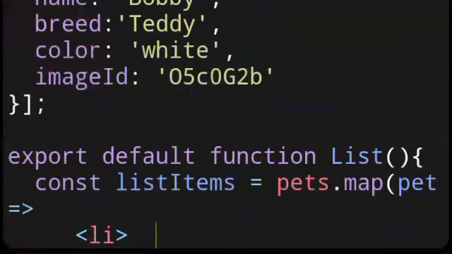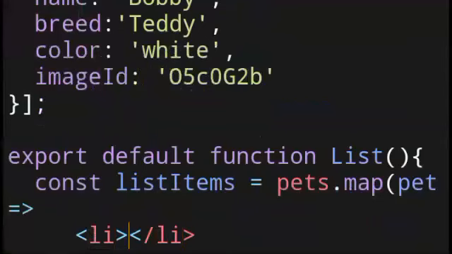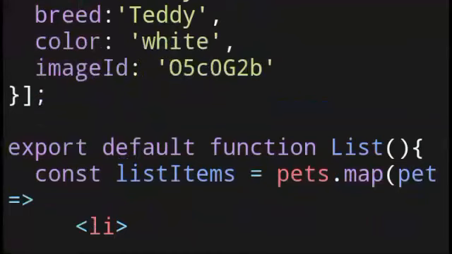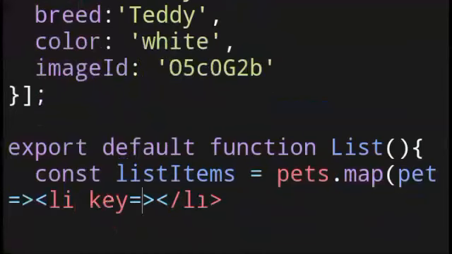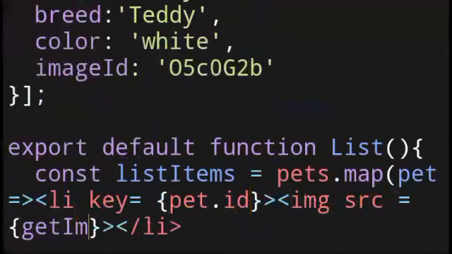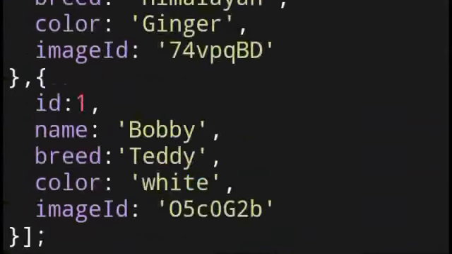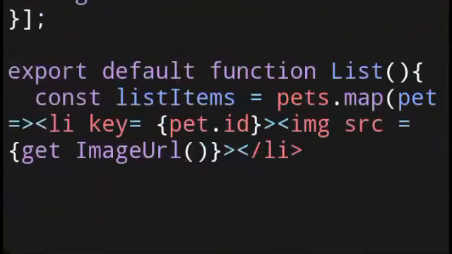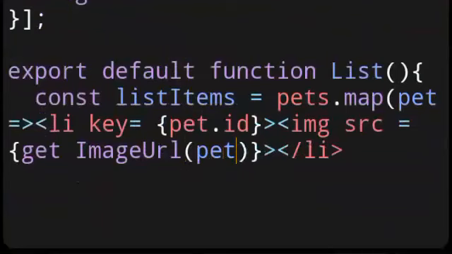Because you need to return what? The list items. So you're getting this value for const list items, which is a variable, and it is going to be returned in this function using JSX, and also you're going to map. In order to get the list, you need to map the pets, to get all the pet images and information with the details that we want, which is already present in the array.